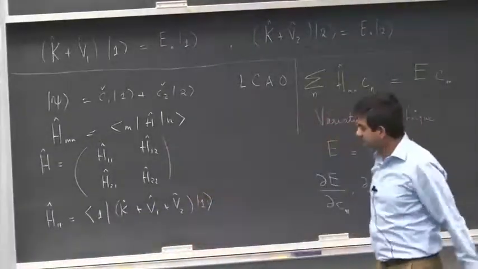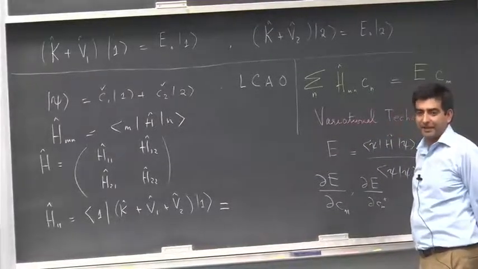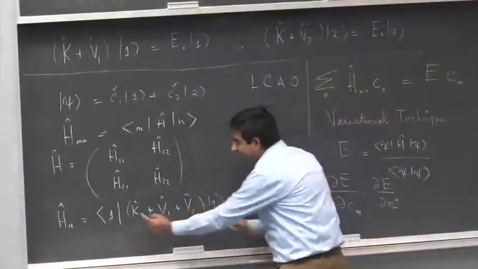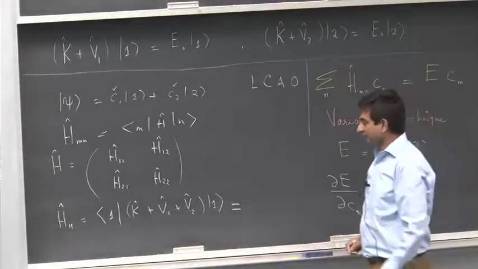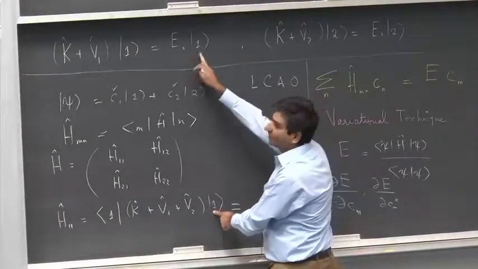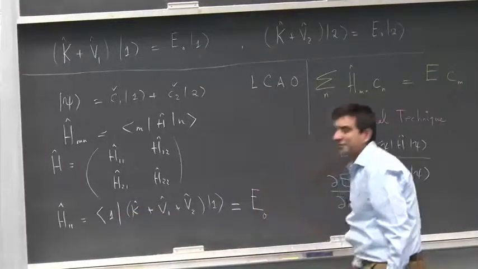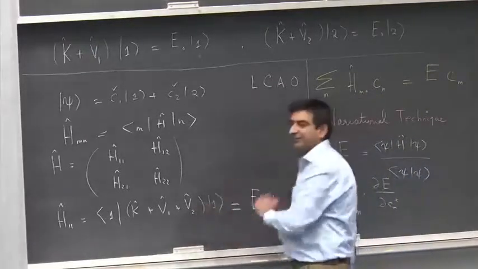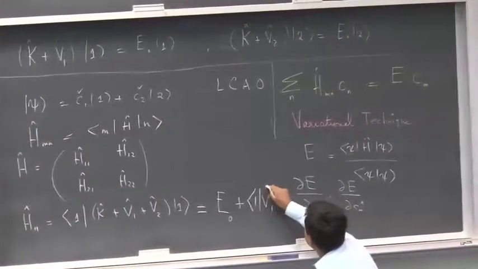This is H11. Now ket1 is an eigenstate of just the K plus V1 part. So when this part of the Hamiltonian acts on ket1, I get E naught ket1, so I get E naught, the ground state energy, minus 13.6 electron volts. But I have this term as well, so this is bra1, V2, ket1.